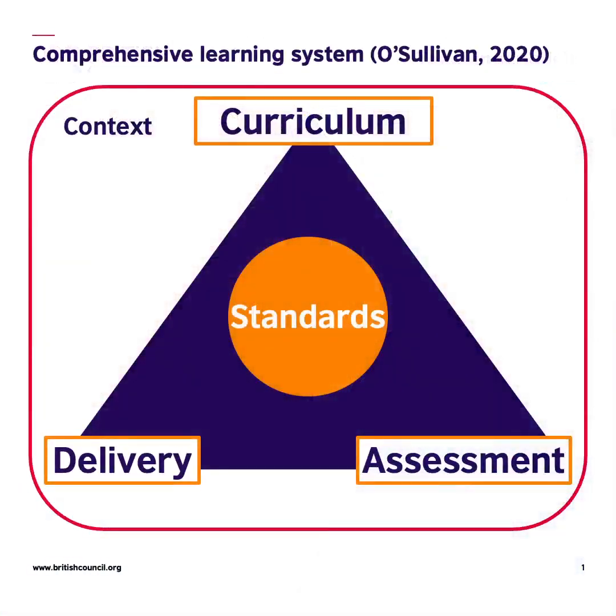Oh, is that the image? Yep. Okay. There we go. So we look at this. This represents a learning system, and a learning system can be a private class. It could be a primary school. It could be the secondary education system of France.